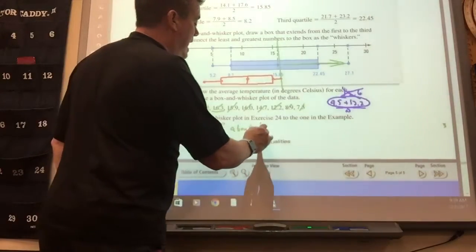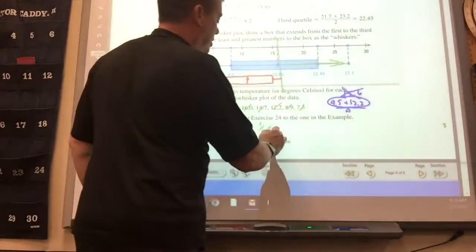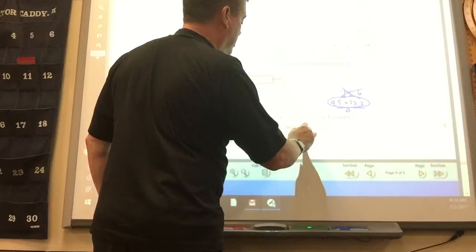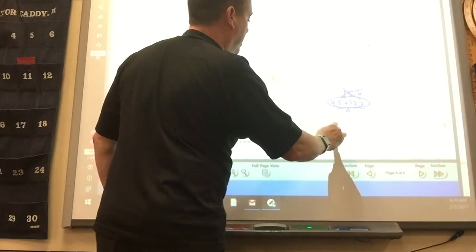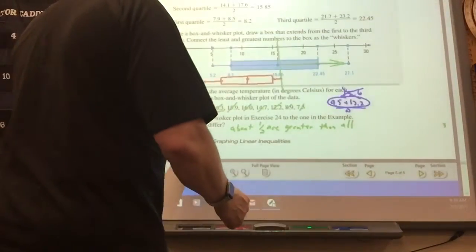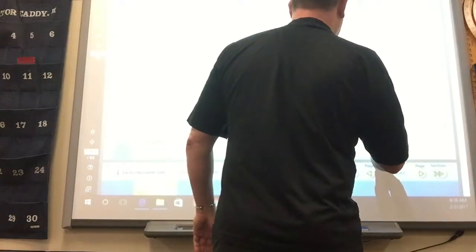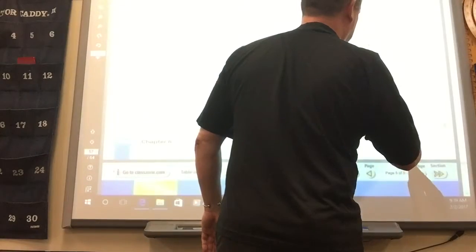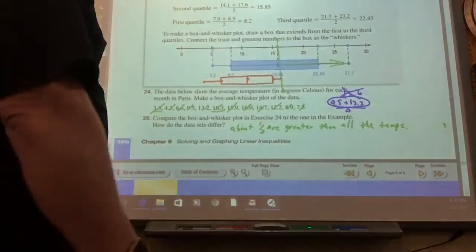About half are greater than all the temperatures. These are temperatures, right? Yep. In Paris, that's the Paris one.